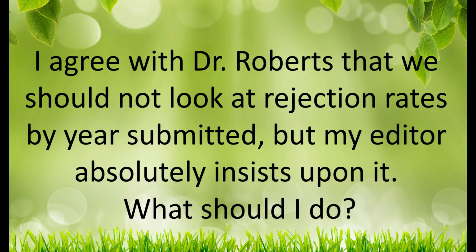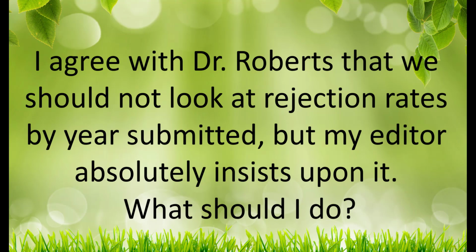I think you can explain, if you're able to, depending on the relationship with the editor, why you prefer to report based on the decisions made in the year instead of the papers submitted in the year. But likely you may have to report the way the editor wants to see it, showing what the decisions were on the papers submitted in the time frame he wants to see.